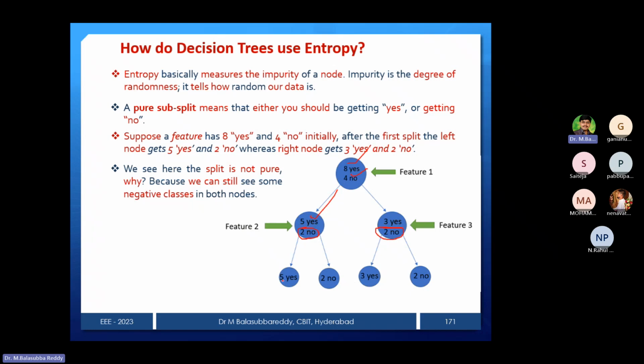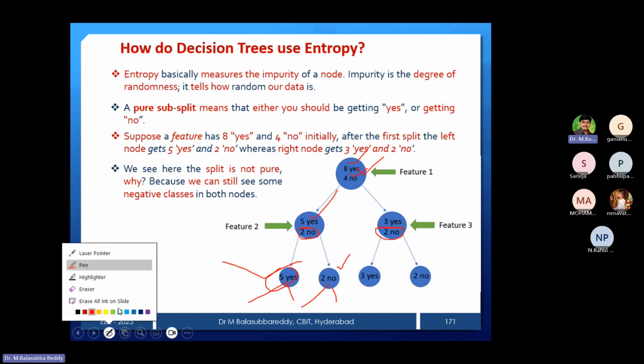So we split again until we reach a decision. In the 5-2 node, 5 members say yes and 2 say no. If there were no further splitting possible because it is only one class, it is concluded. This we call a leaf node, and this we call the root node.